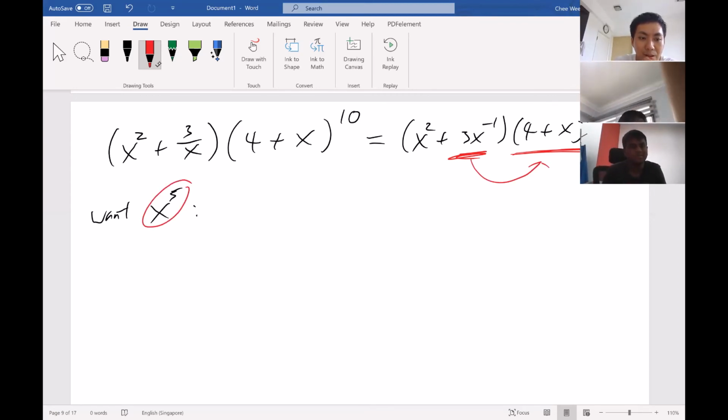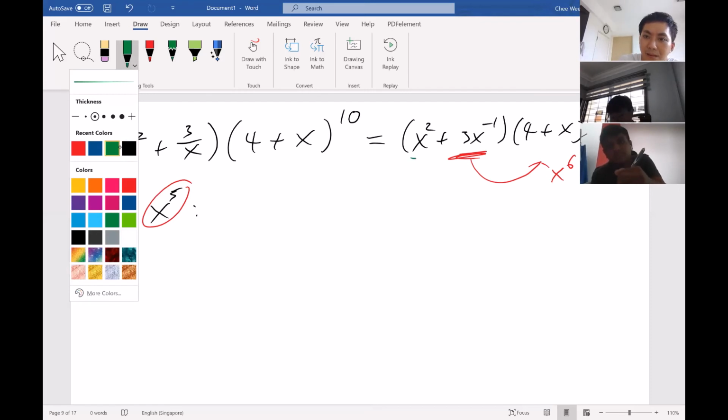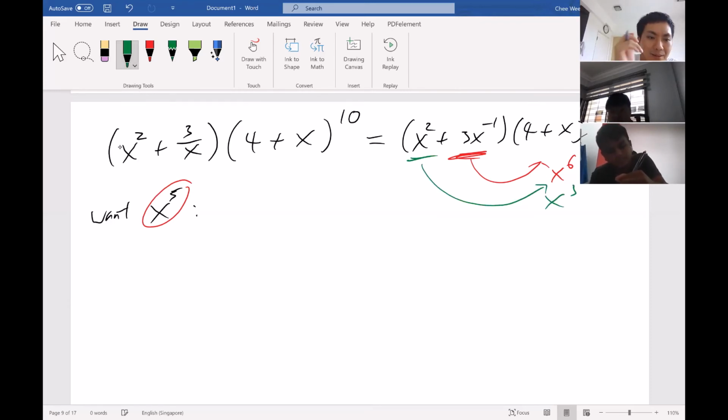So it has to be 6. That's right. That means this guy has to look for power 6, and then the x squared will have to look for power 3. Yes, that's right. Get it now?